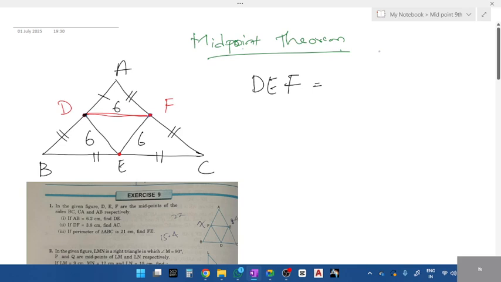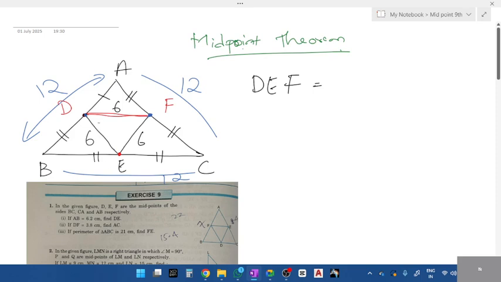Scalene, isosceles, equilateral. Very good. What kind of triangle? Equilateral. Okay. If EF is 6 centimeters, what about AB? 12. What about BC? 12. What about AC? 12. Okay.